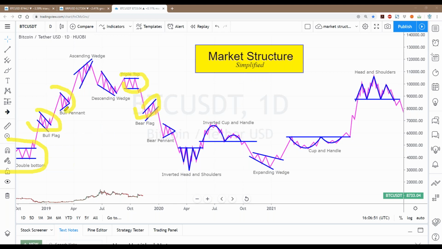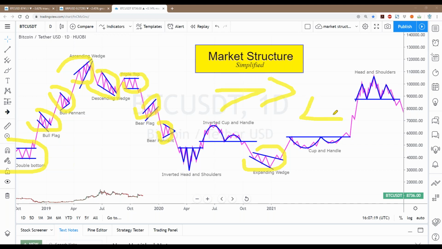Now, pennants are quite popular, but I define a pennant as a triangle. I also see ascending wedges as triangles, descending wedges as triangles, expanding wedges, because they're all making some sort of a triangle formation. Now, the most popular of these that we're going to talk about is the ascending, symmetrical, and the descending triangle.